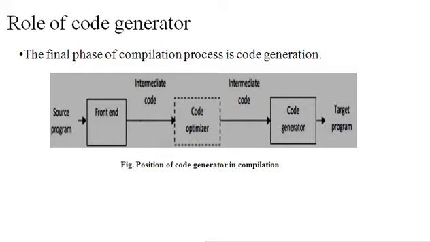It passes to code optimizer. Then it passes the intermediate code to code generator and code generator produces the target program. So your target code should have different properties like correctness, efficient use of resources of target machine, quick code generation and high quality.